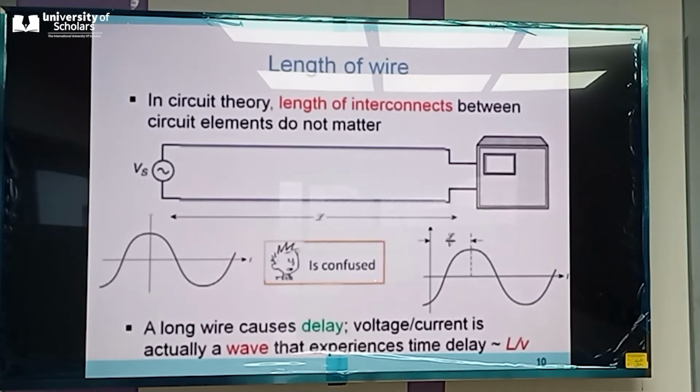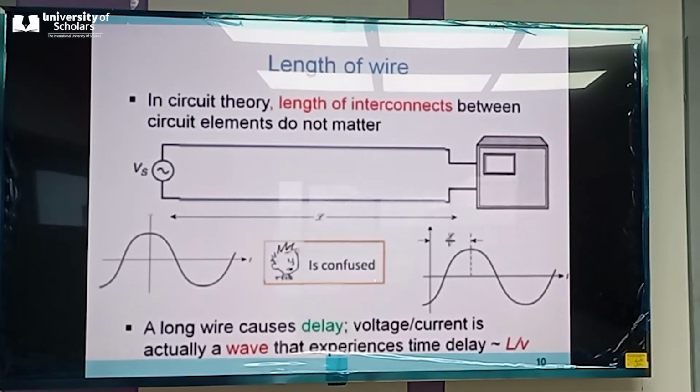Now this is something that circuit theory does not tell us. That is the reason why we call circuit theory models lumped parameter models or lumped circuit modeling. A lumped circuit is one in which one simply neglects this time delay.